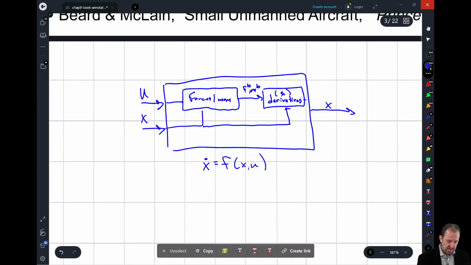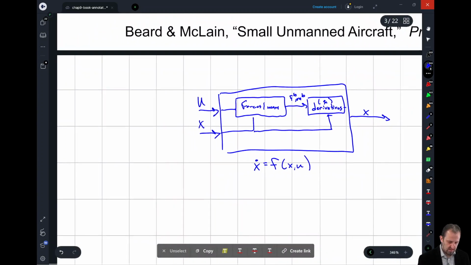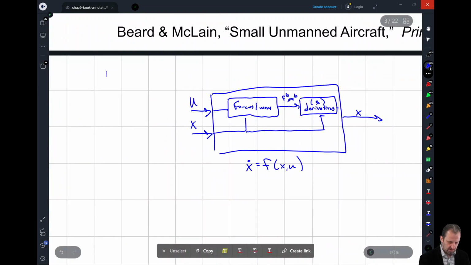Now, when we did the autopilot, we then wrapped a controller in here. Well, let me draw the controller first. Given our state, we have our controller, or maybe I should call it our autopilot.